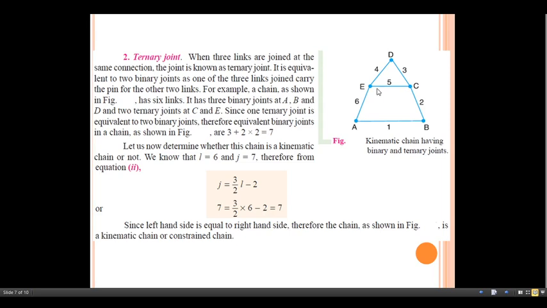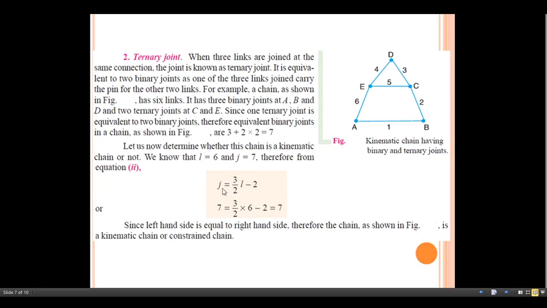After that, you need to convert each ternary joint into equivalent binary joints. Remember that one ternary joint is equal to two binary joints. So as per the information with us, the number of links is 6 and the number of joints is 7.